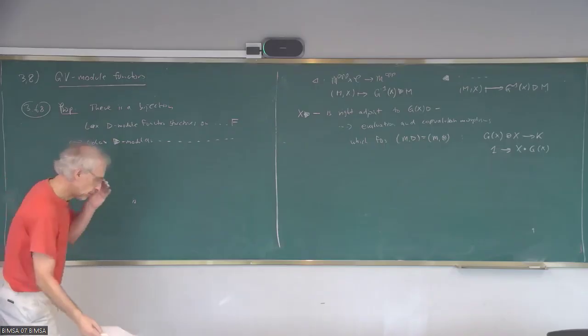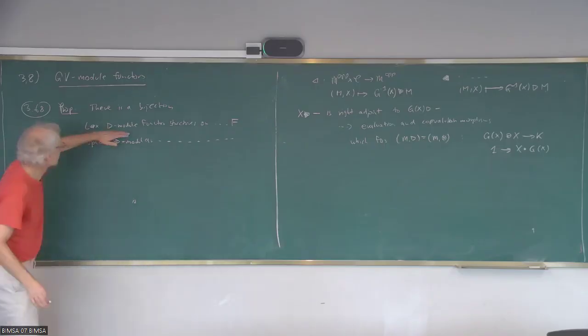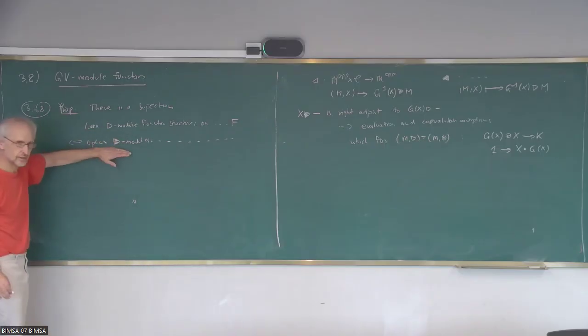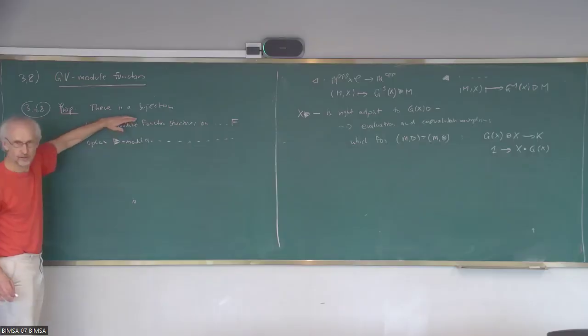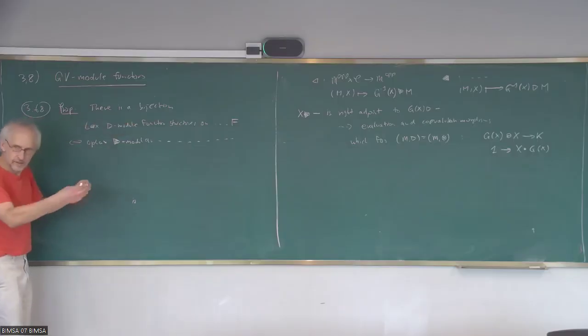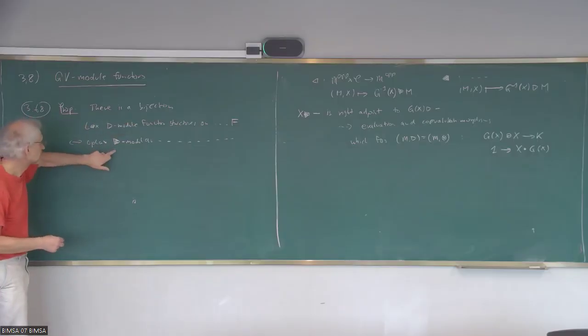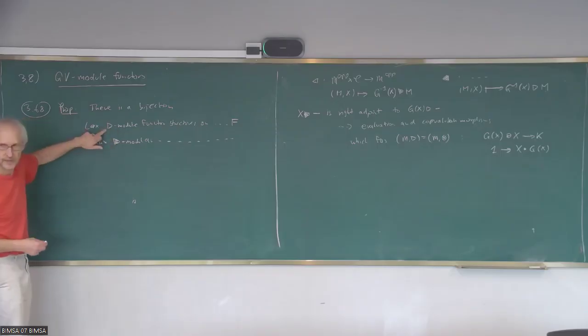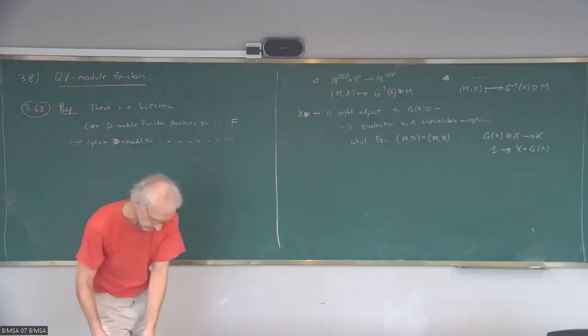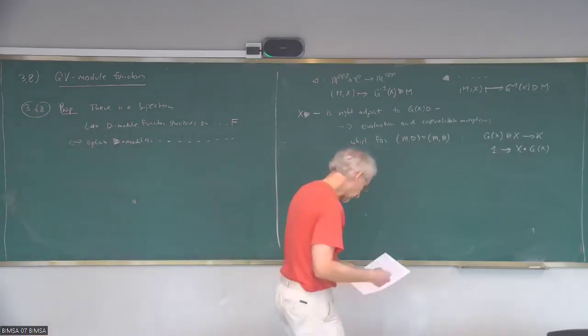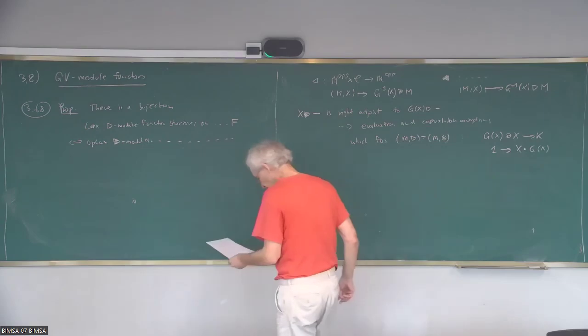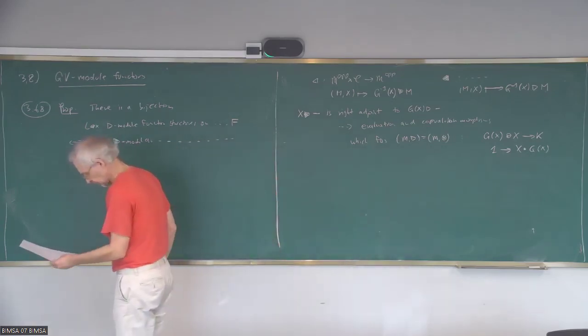And more precisely, given such a structure here, you can construct such a structure. And given such a structure, you can construct such a structure. And if you iterate this, if you start here, come here, and do it again, you come back to where you started. This is very convenient for various proofs.